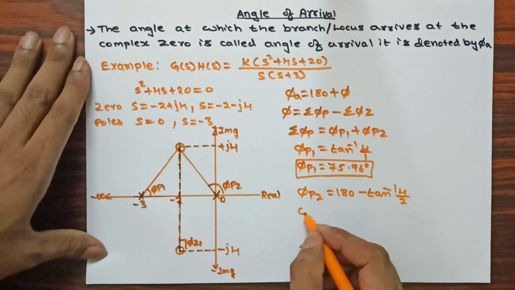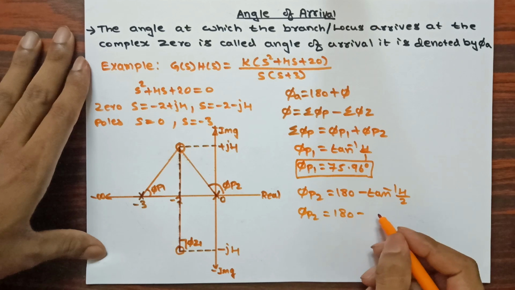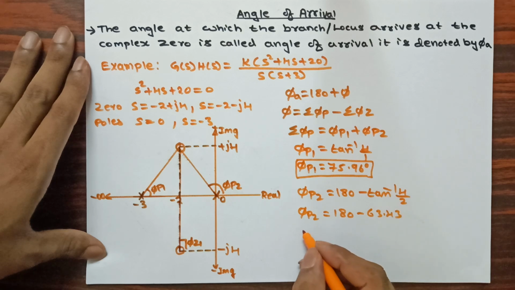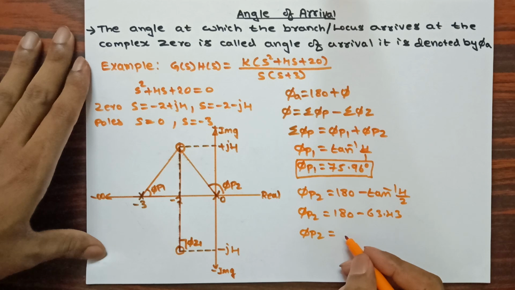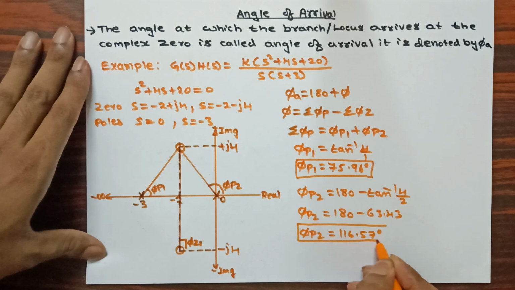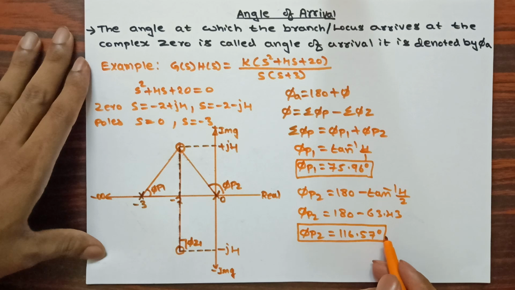Here phi p2 is equivalent to 180 minus tan inverse of 2, which is 63.43. Therefore phi p2 is equivalent to 180 minus 63.43, which is 116.57 degrees. So this is the phi p2, that is the pole at origin angle, I got 116.57 degrees.